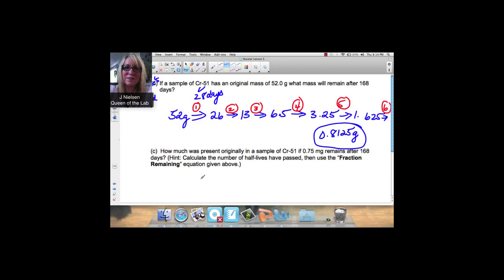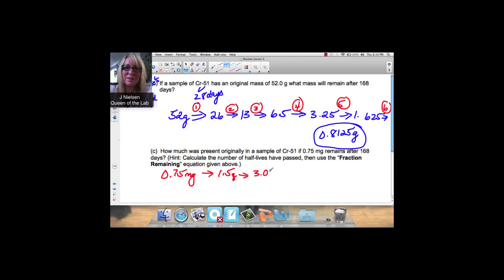Well, we don't want fraction remaining. We already know what's remaining. We want to know what we started with. So if I have 0.75 milligrams, I'm going to double this because I want to know what I started with, which is 1.5. I'll leave the units out so we get to the end.